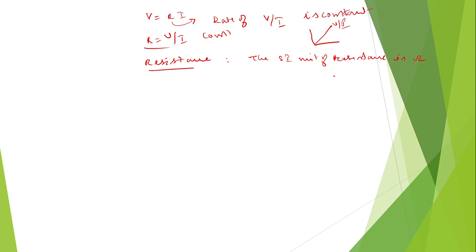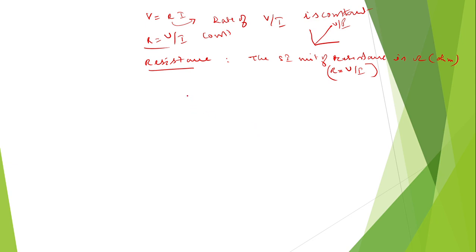So R is equal to V by I, keep this in mind. This is constant. So the SI unit for resistance is ohm.